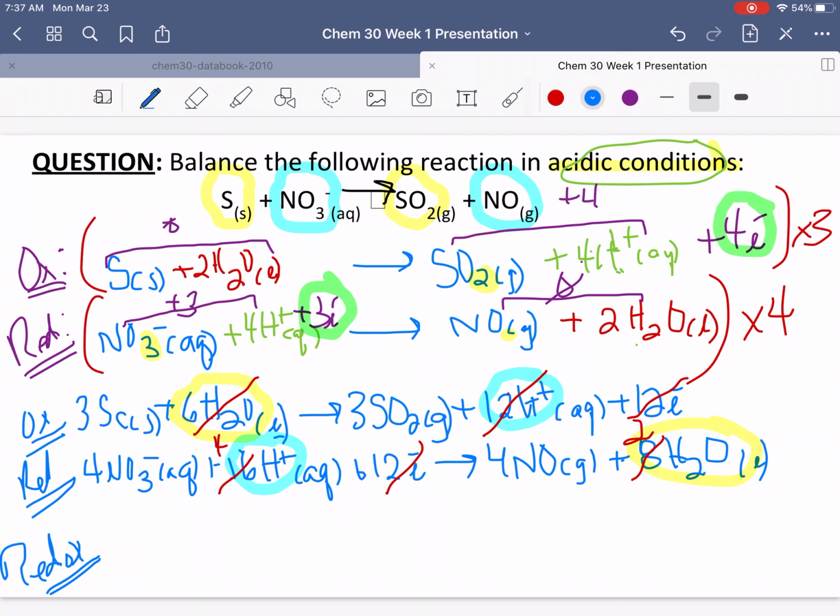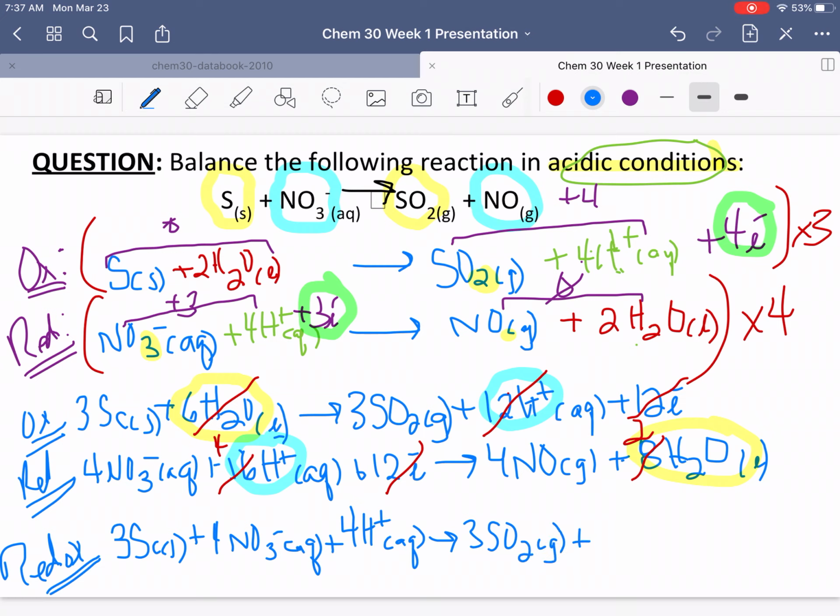Redox, now we need to simplify. 3 scandium solid. Those 6 waters are gone. Don't write them down. Plus 4 NO3 negative aqueous. Plus, not 16 H plus, but only 4 of them. 4 H plus aqueous produces 3 SO2 gas plus, take note, those 12 H plus are gone.